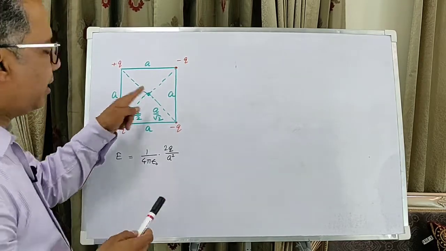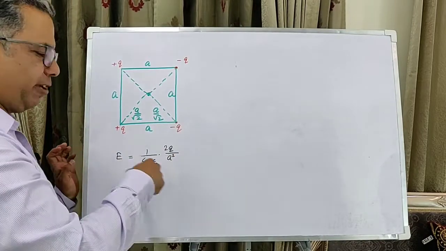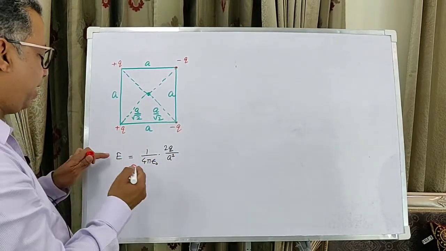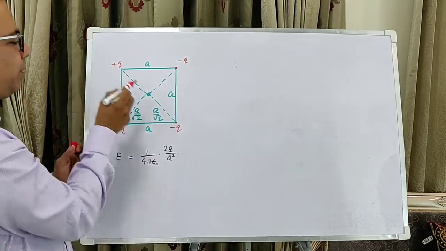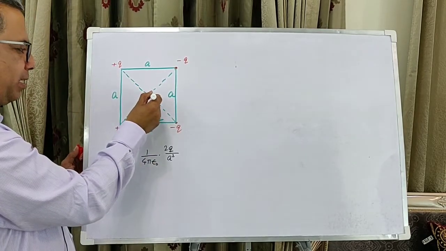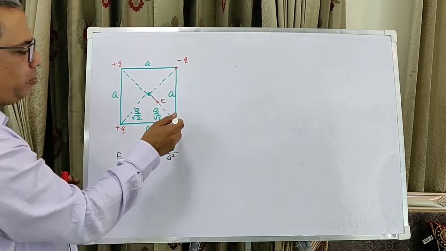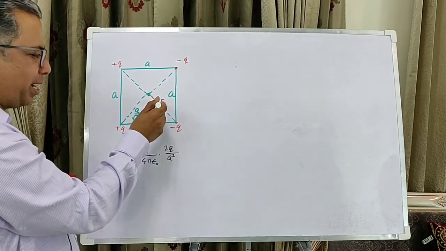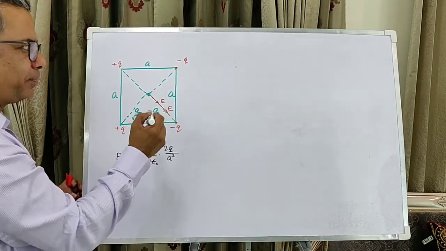So at the center of the square we actually have 4 different fields each having a magnitude E. The field due to this plus Q would be directed this way, let's say E. The field due to this minus Q would also be directed this way and would also have the same magnitude.